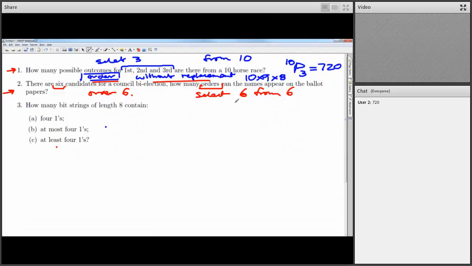Depending on how you think about it, if I order all 6, that's called 6 factorial. So ordering a whole number of things is that number factorial, or selecting 6 from 6, I want to permute all 6 of them, which is the same answer. What number do you get? Yep. And so both times you get 720. So they give the same answer, which looks the same as the past one, but for quite different reasons for that matter.